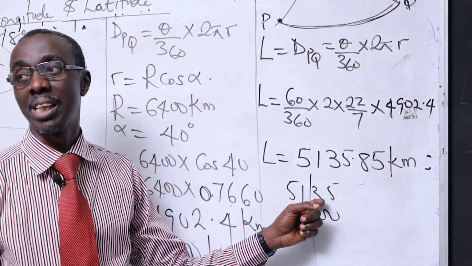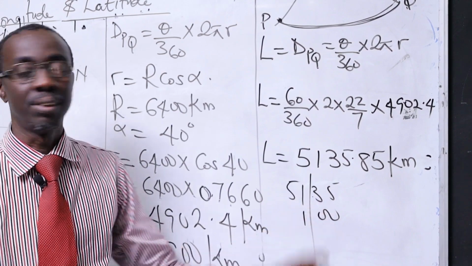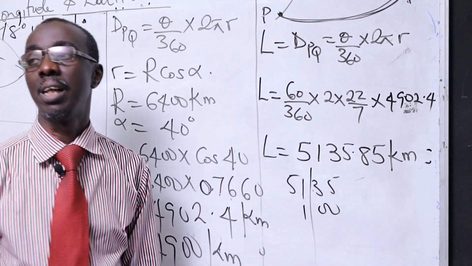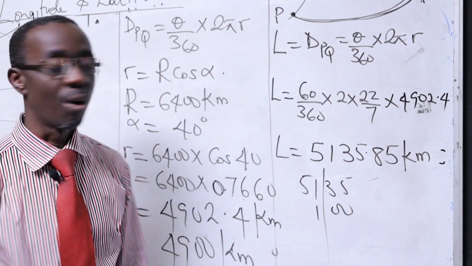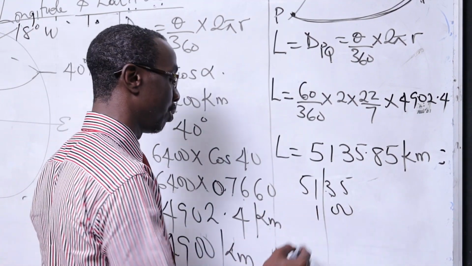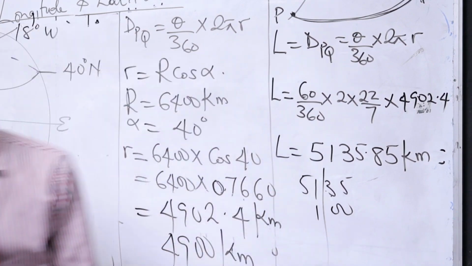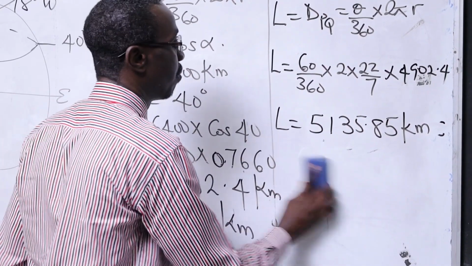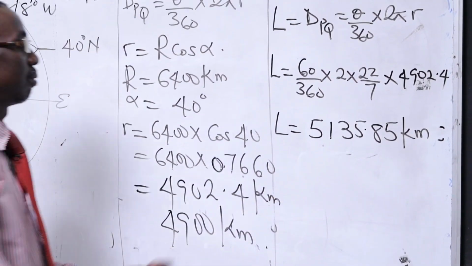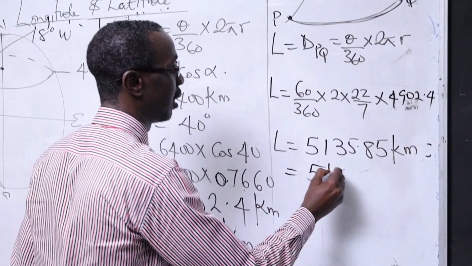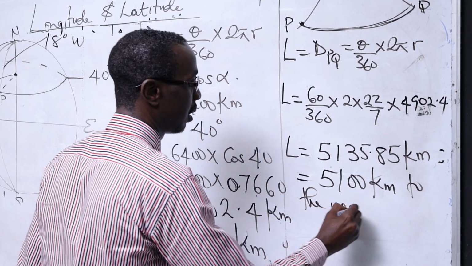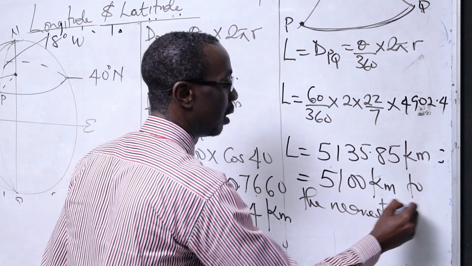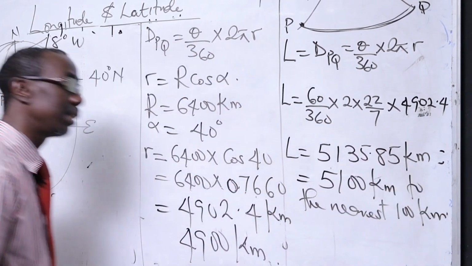If let's assume this is 5175, your nearest 100 kilometer will be 5200. But obviously, this is not up to 50, so you have 51 what? 5100 kilometer to the nearest 100 kilometer. Are we still together?